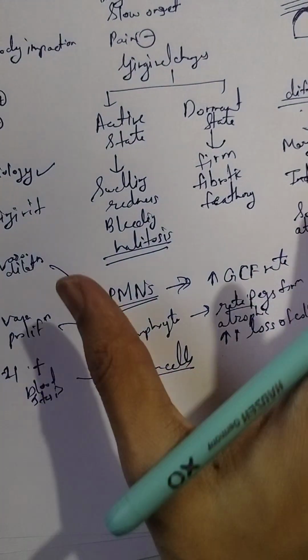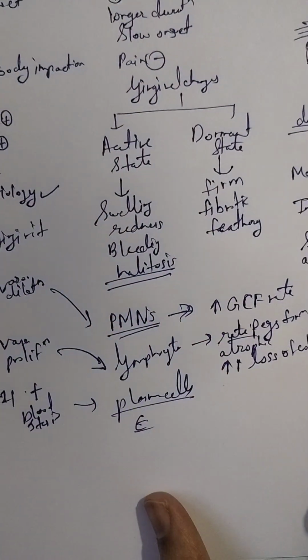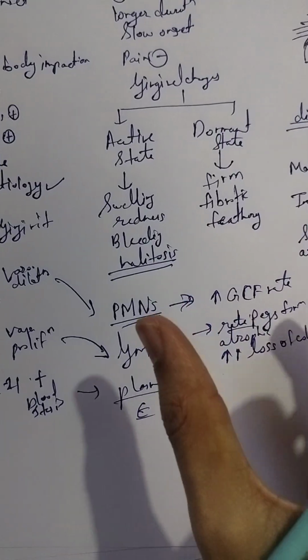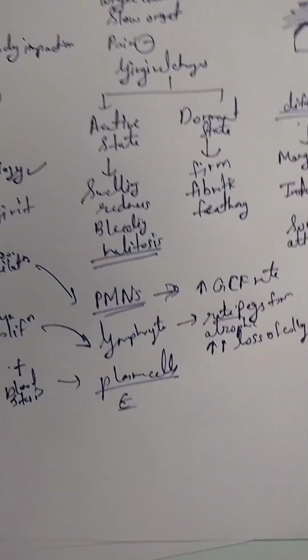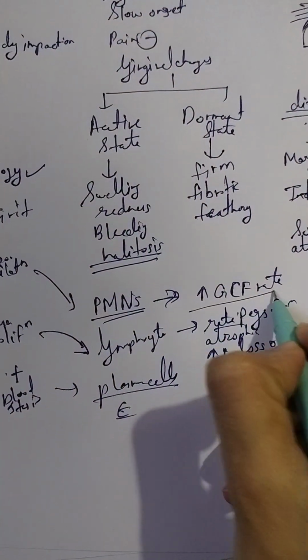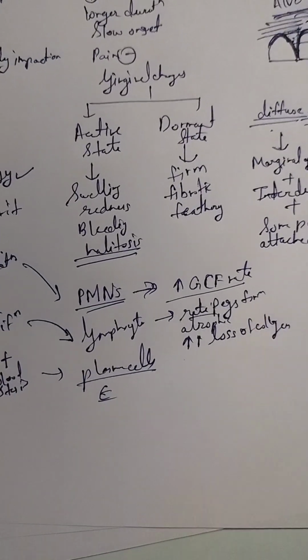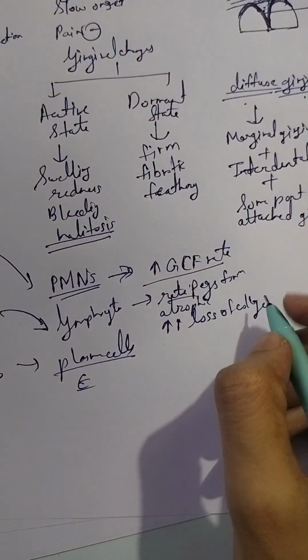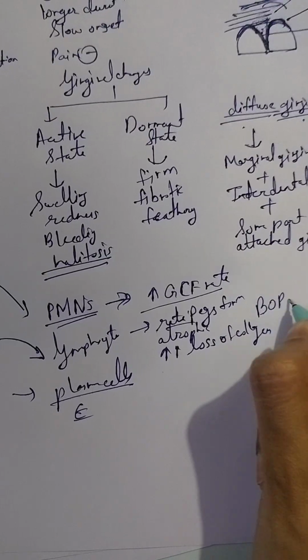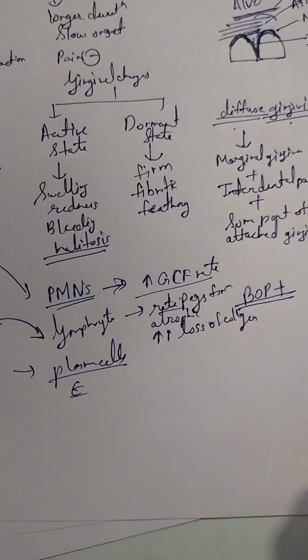In all three stages, collagen loss is seen, and it increases in every stage. In the first stage, there is an increased GCF rate. In the second stage, BOP is positive, that is, bleeding on probing is positive.